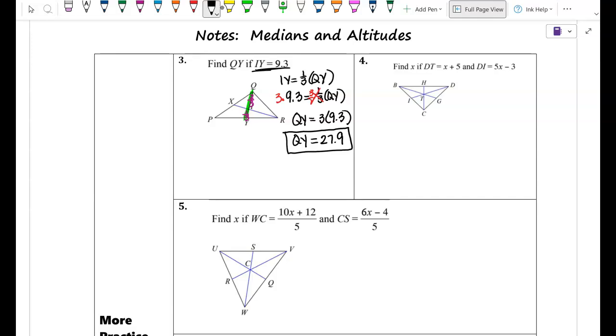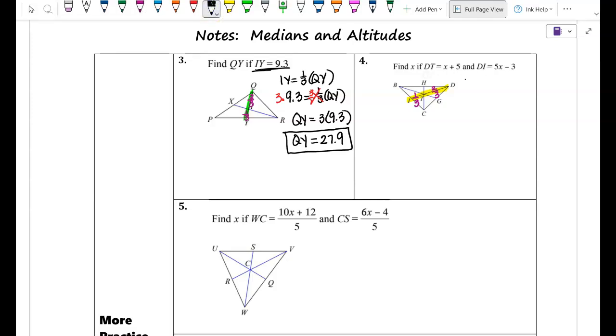So number 4 says find x. Now we're solving for x because they're giving us expressions. If DT is x plus 5 and DI is 5x minus 3. Again, we're dealing with this segment here. DT would be the 2/3, TI would be the 1/3. So they're giving me DT and DI.